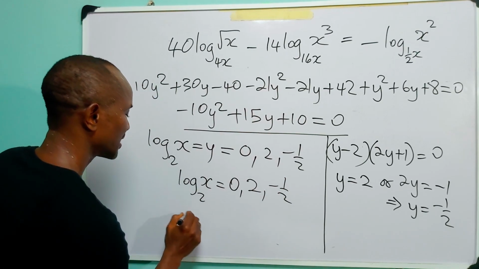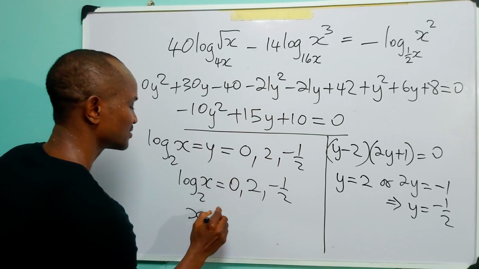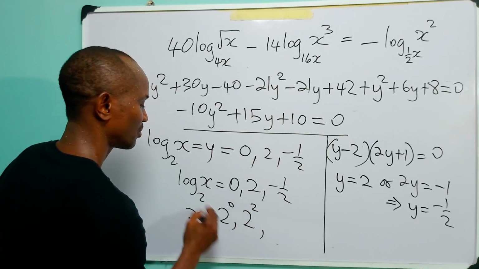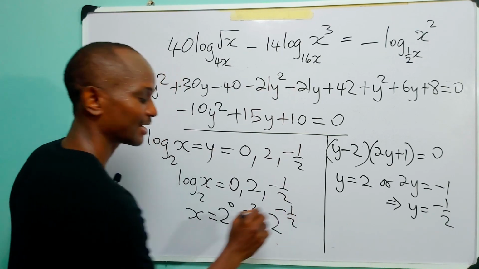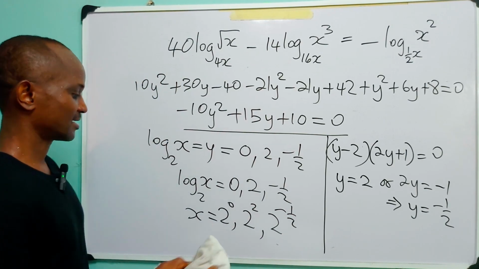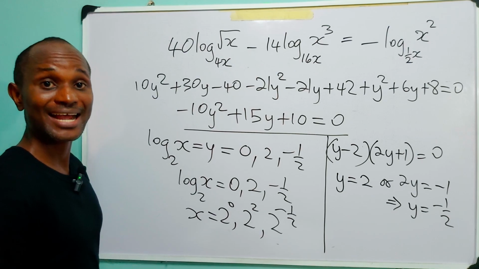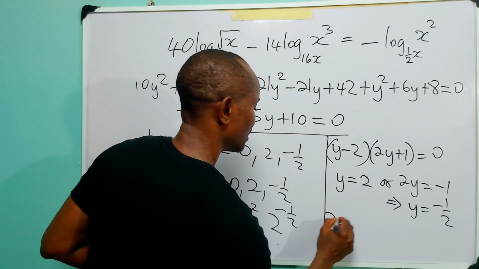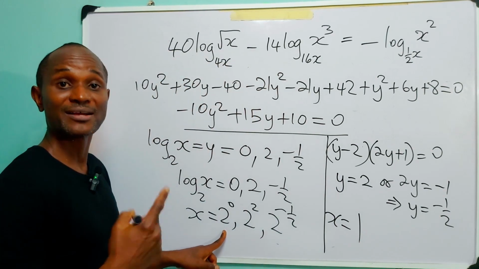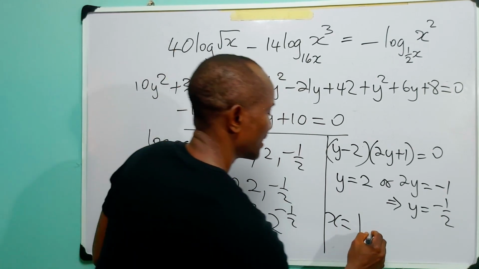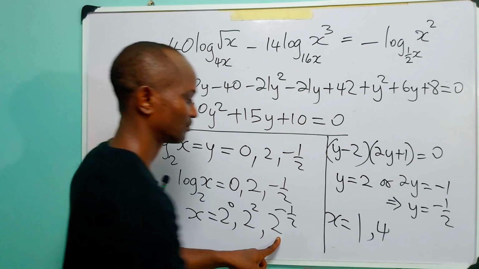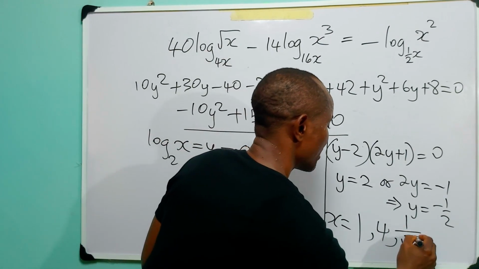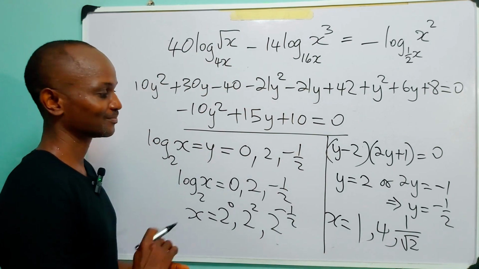From this statement, we know that x is equal to 2 raised to power 0, or 2 raised to power 2, or 2 raised to power minus half. Hence, we find that the values of x that satisfy this equation are x equal to 1, because 2 raised to power 0 is 1, or 4, or 1 over square root of 2.